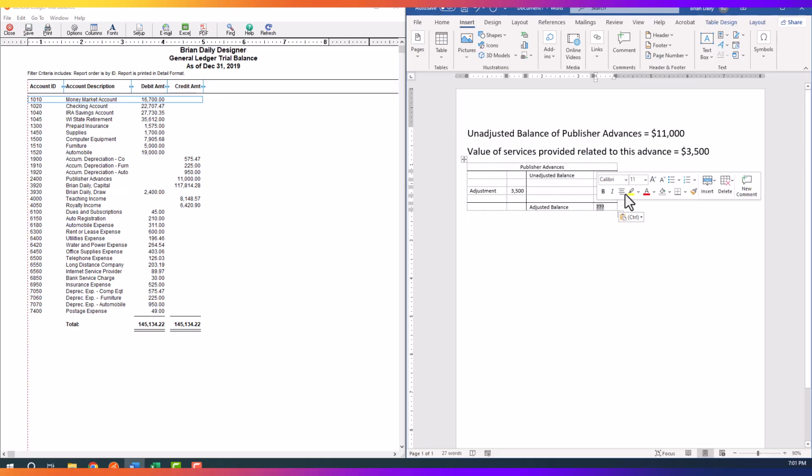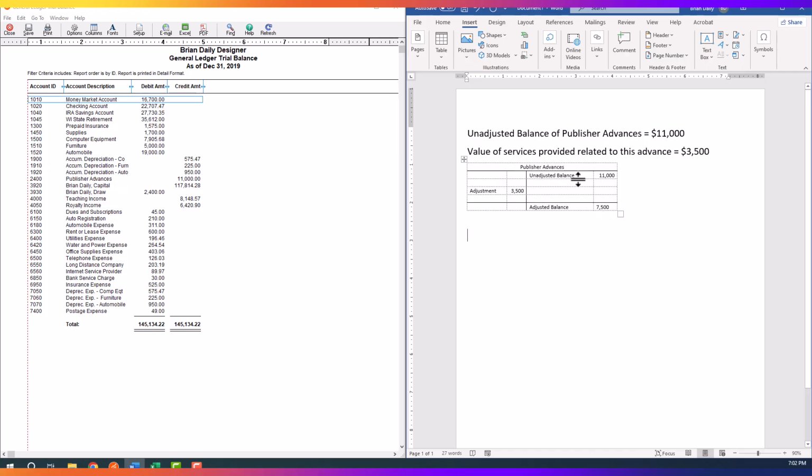So we can do the math there and get the adjusted balance, the updated balance, by taking the 11,000 and subtracting the 3,500. That tells us the account should have an adjusted balance of $7,500. So this is the services that we still owe at the end of December.